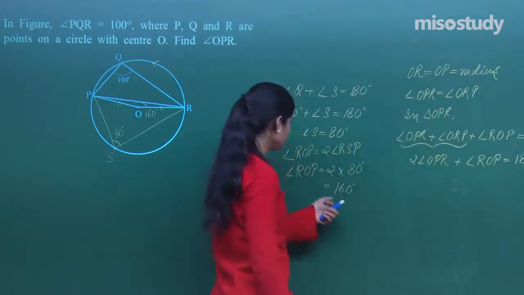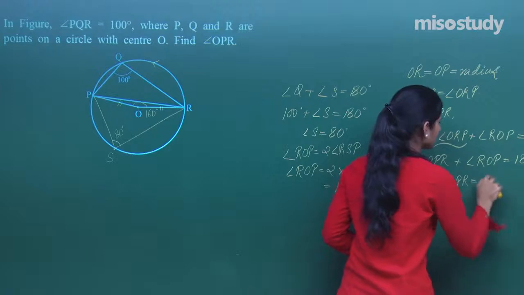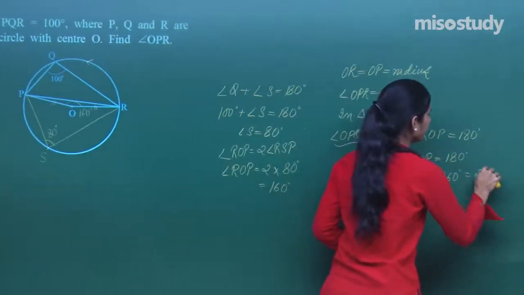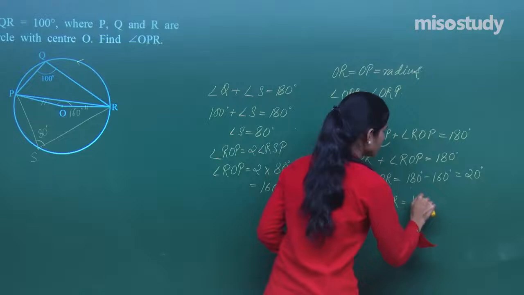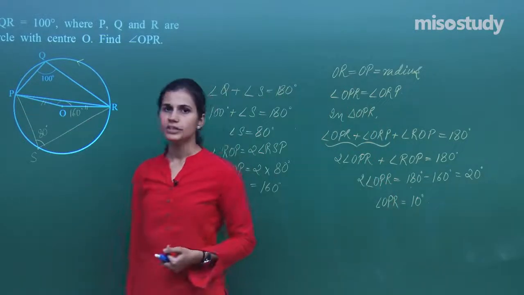Angle ROP is 160. So twice of angle OPR is 180 minus 160, which is 20. So angle OPR is 20 upon 2, which is 10. So angle OPR, this small angle, has measure 10.